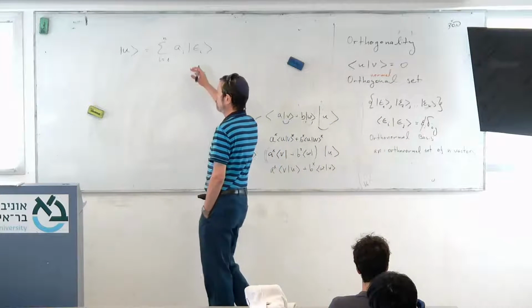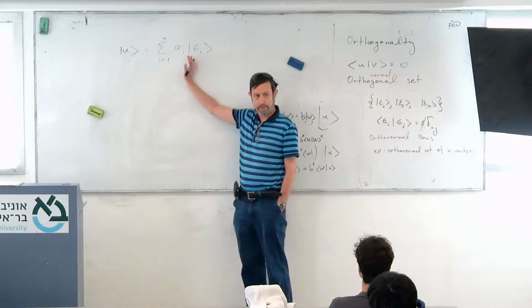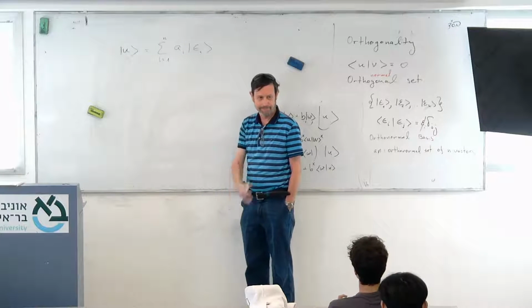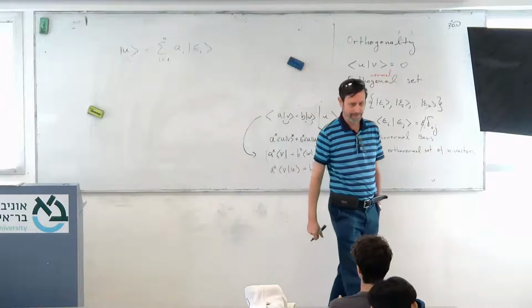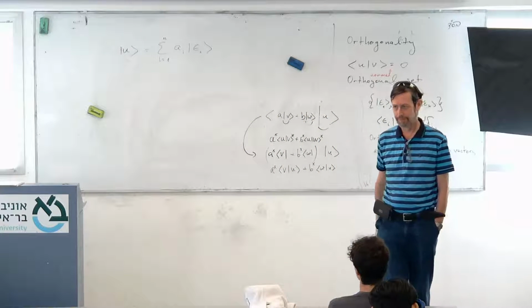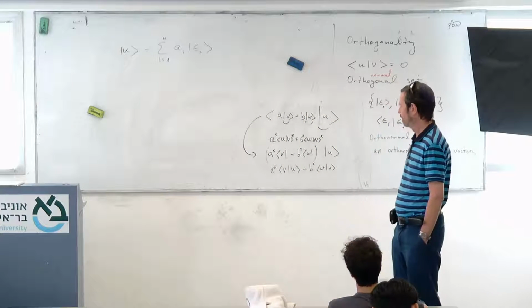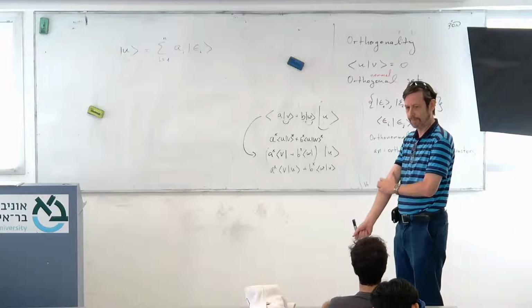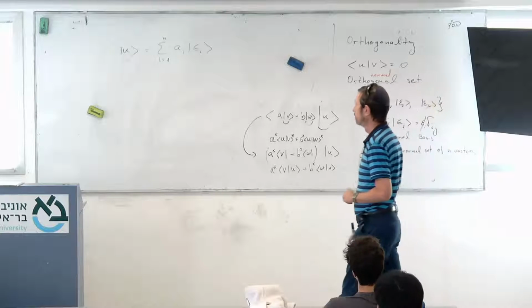Excuse me, but how do I build these constants a_i? So we know how to do it already. Sure. Maybe if you do a dot product of u, for example, with epsilon_i, that would give you a_i. Exactly.